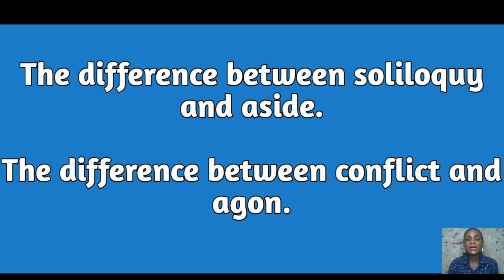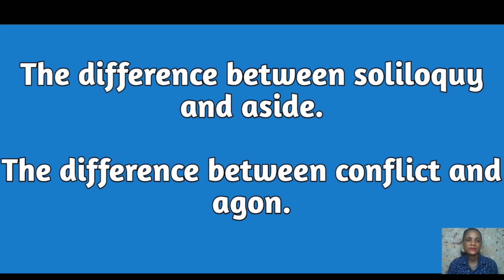But for an aside, the character gets to open his or her mouth and talk to the audience, tell the audience what he or she wants to tell them, without considering whoever is present. Even though other characters are present, they act like they don't know or they didn't hear what the other character had said.